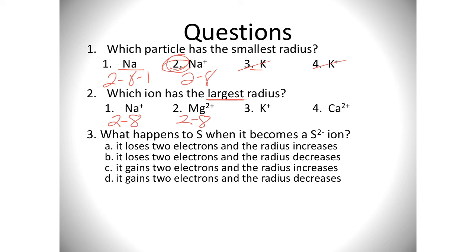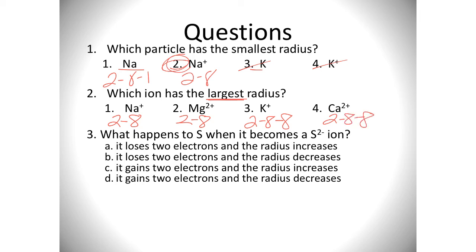The potassium atom would be 2-8-8-1, but the ion would have lost an electron to be 2-8-8. And calcium would be 2-8-8-2, but the +2 ion would have lost 2 electrons to be 2-8-8.